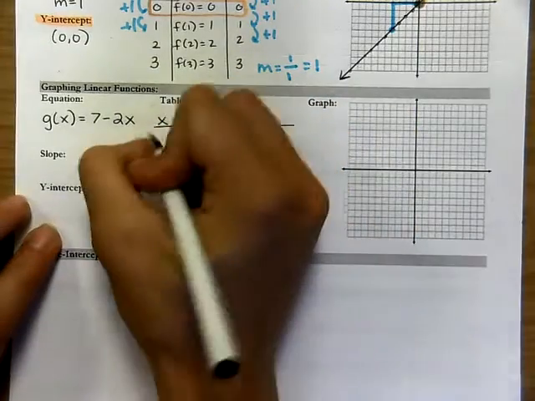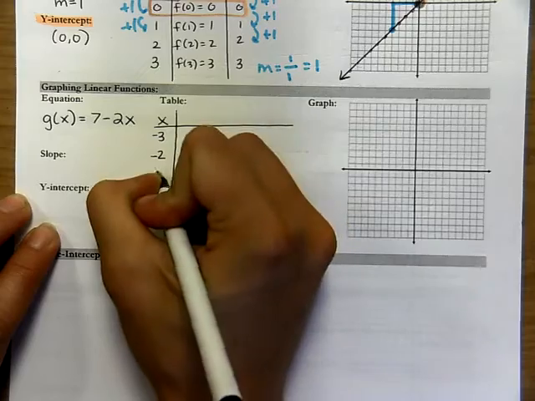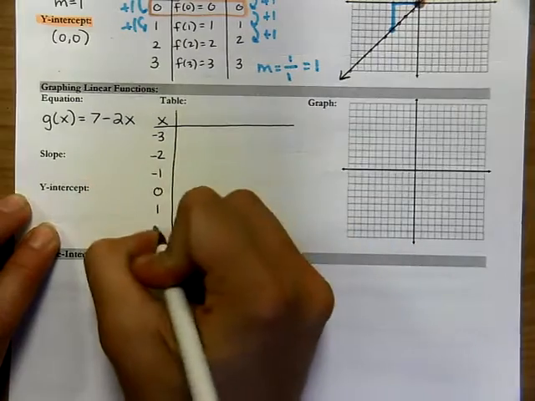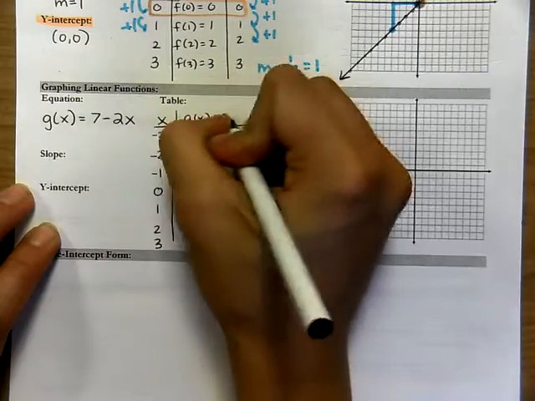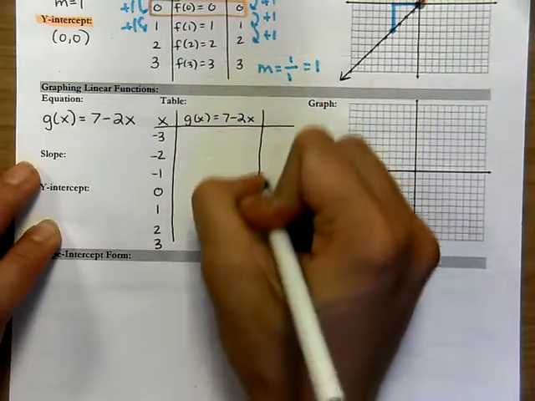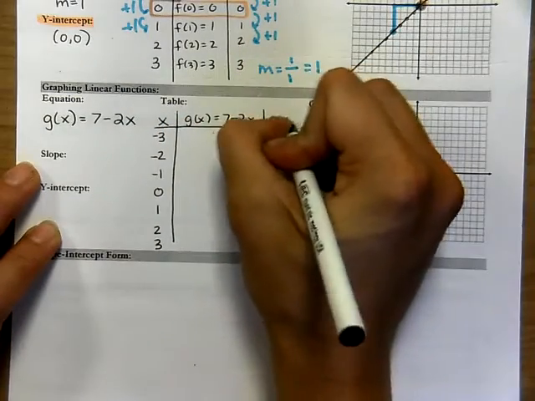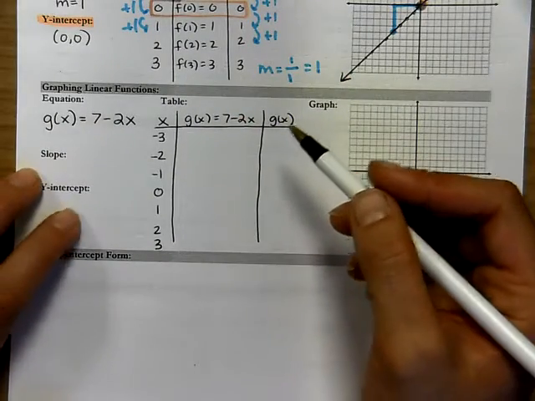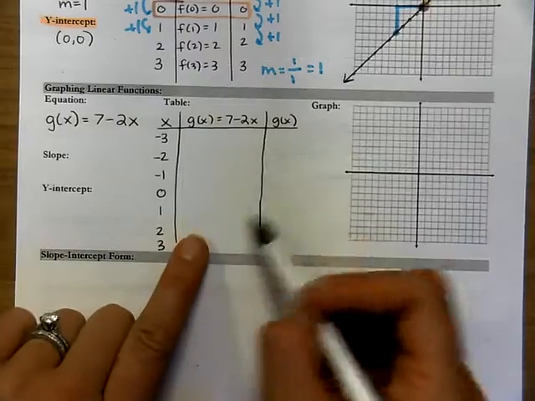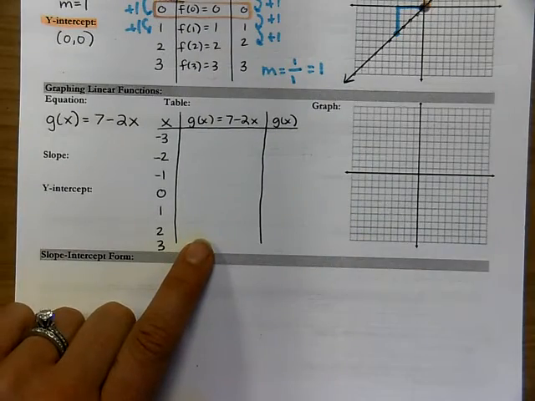So we have our x values. Let's choose -3, -2, -1, 0, 1, 2, 3. Our function, g of x equals 7 minus 2x. And then whatever that ends up being, our output. So our inputs and our outputs. Go ahead and make the table right now and pause the video.